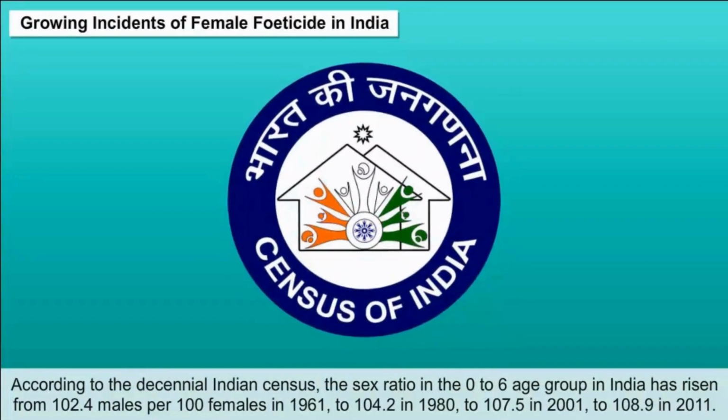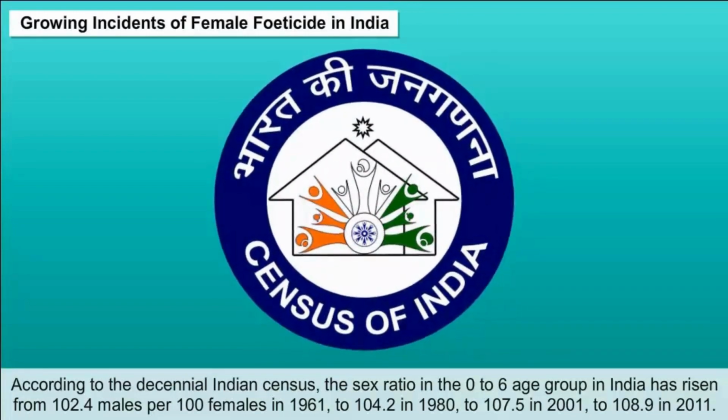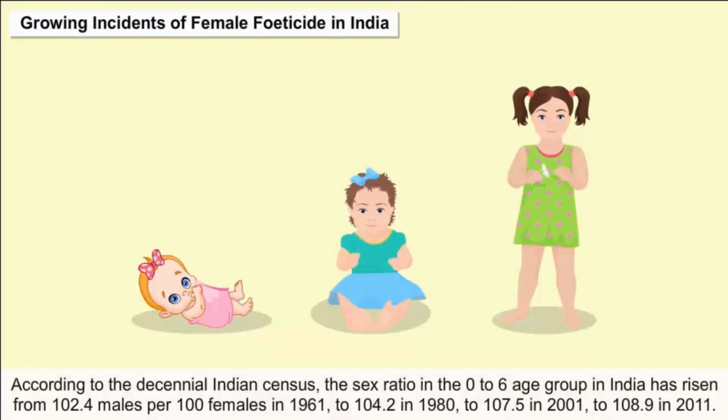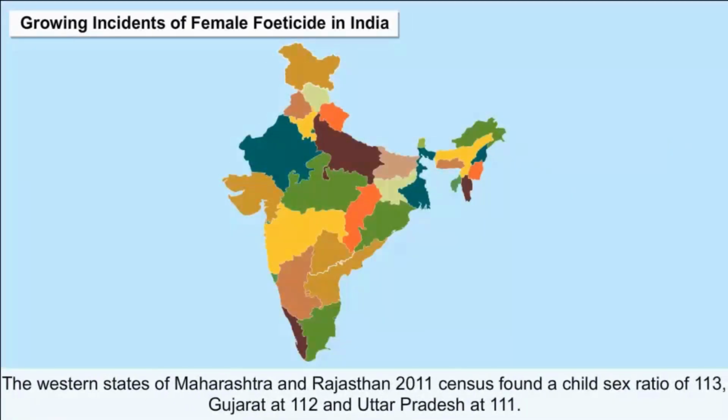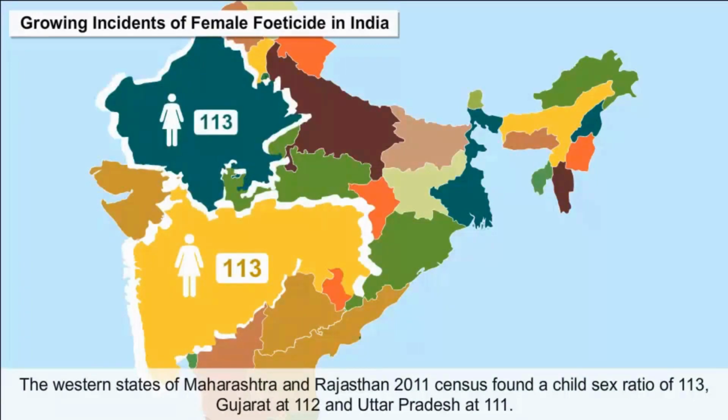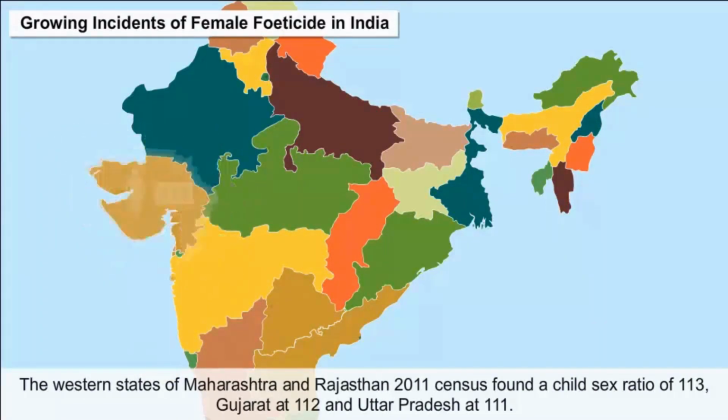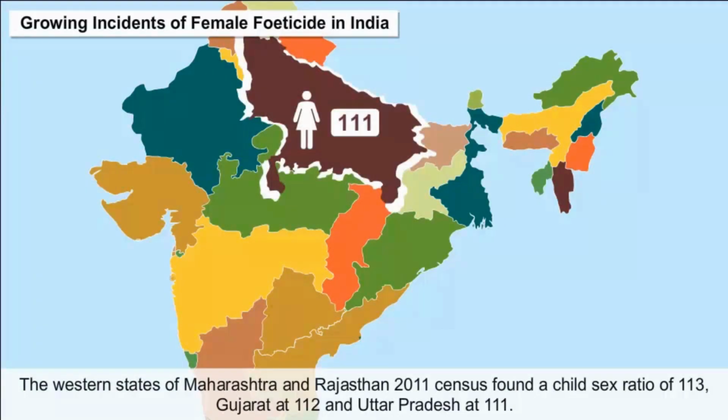According to the decennial Indian census, the sex ratio in the 0 to 6 age group in India has risen from 102.4 males per 100 females in 1961 to 104.2 in 1980, to 107.5 in 2001, to 108.9 in 2011. The western states of Maharashtra and Rajasthan, in the 2011 census, had a child sex ratio of 113, Gujarat at 112 and Uttar Pradesh at 111.